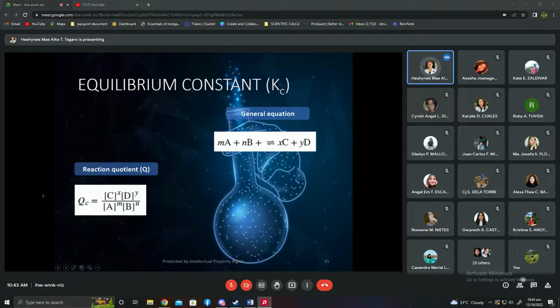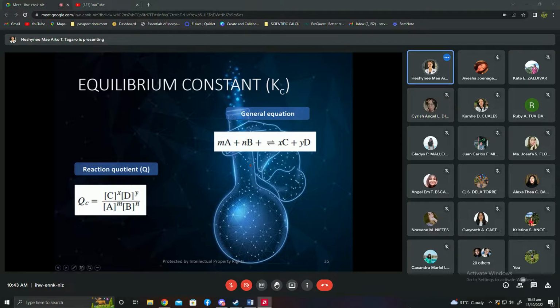So the reaction quotient QC is equal to the molar concentrations of the products of the chemical equation multiplied together over the reactants also multiplied together, with each concentration raised to the power of the coefficient of that substance in the balanced chemical equation.